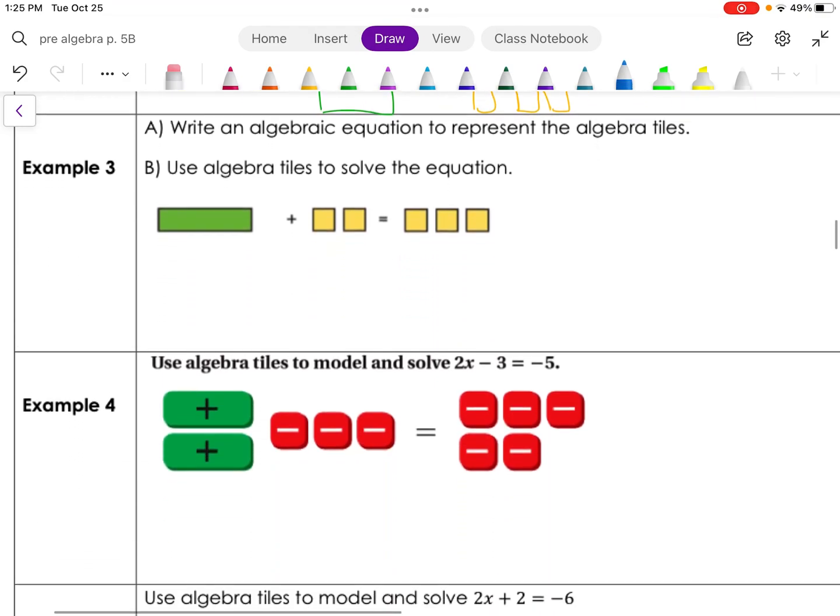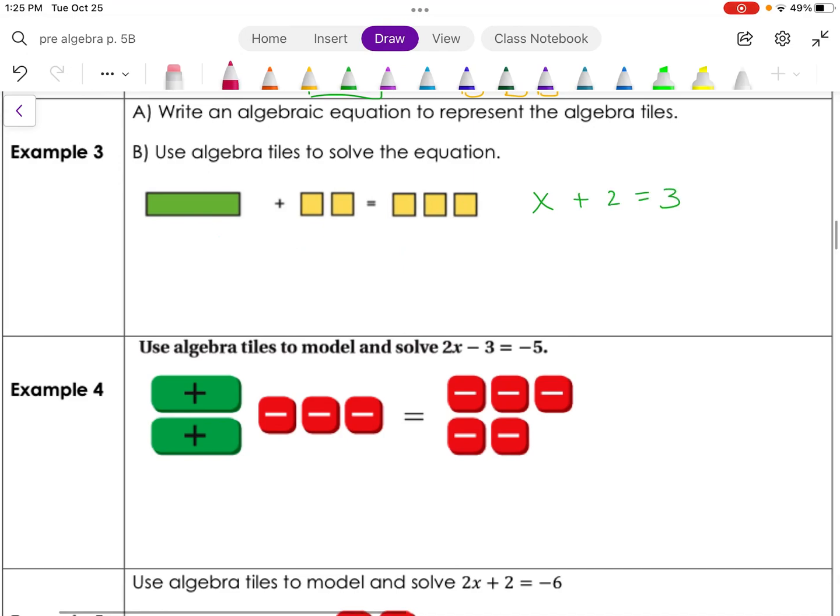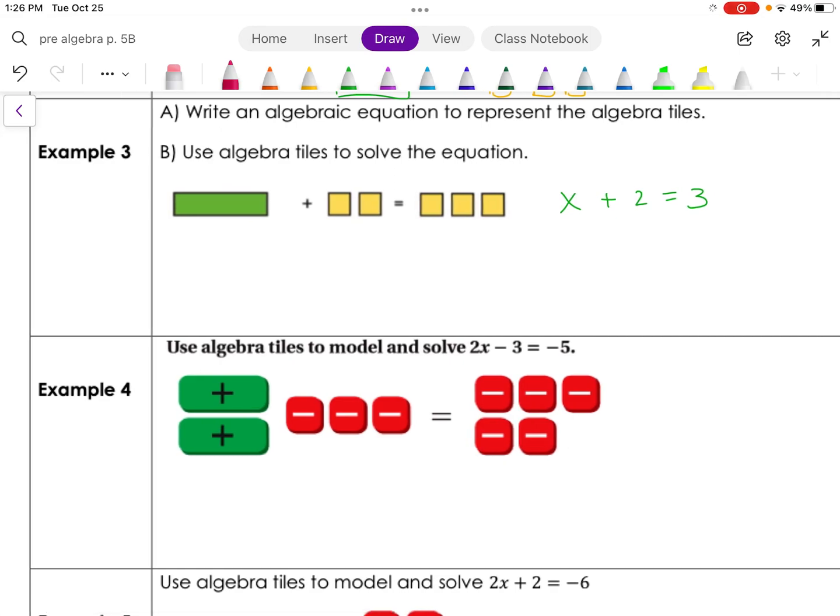Okay. Example 3, we want to write an algebraic equation to represent the algebra tiles. So we have x plus 2 equals 3. Well, again, we want to start off by getting our x's by itself. Okay, so right now there are 2 positives. Well, I could add 2 negatives, okay, because then my 1 minus 1 cancels out, 1 minus 1 cancels out.